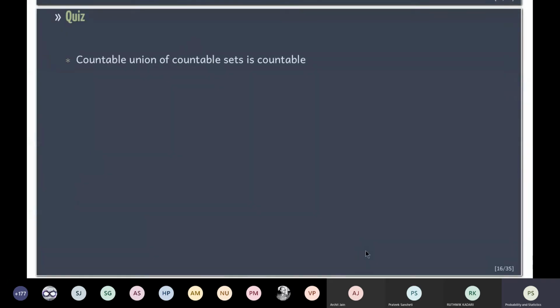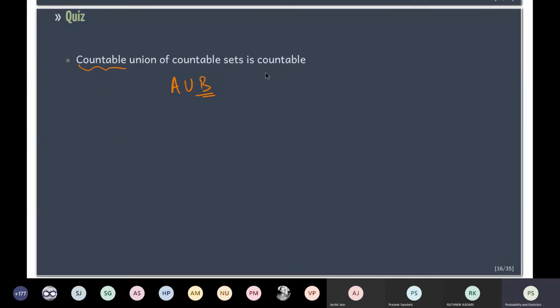A countable union of countable sets is countable. Since we have shown that the union of two countable sets is countable, if A is countable, then A union B is countable, as we have shown before. This is a little bit more.